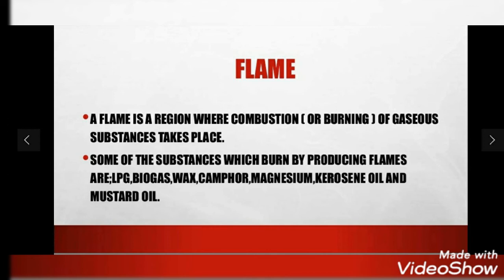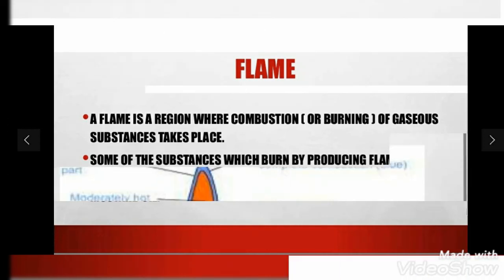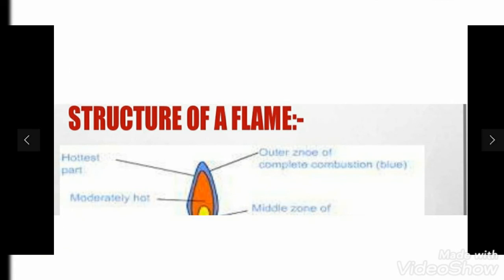If you observe a flame carefully, you will see that it has different regions. It has an outer region, that is the hottest region. It has a middle region in between, which is called the middle zone. And it has a region between the outer zone and the middle zone also, the between zone region. That is the structure of a flame.